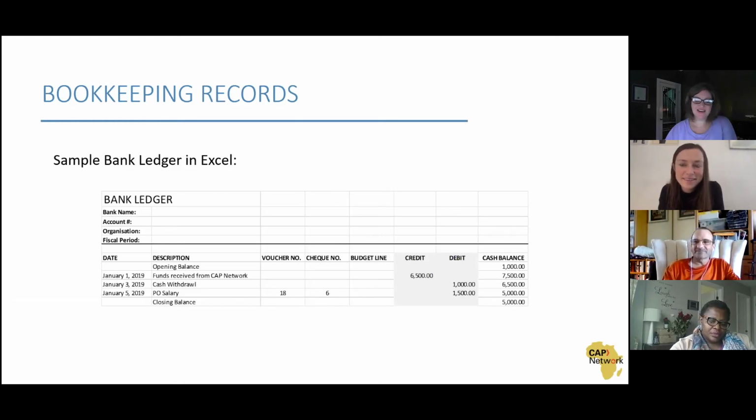The question is, when we're recording the cash book, how do we produce the reports, like income and expenditure, BFA, and the other reports? How do you produce the reports that you need in Excel?